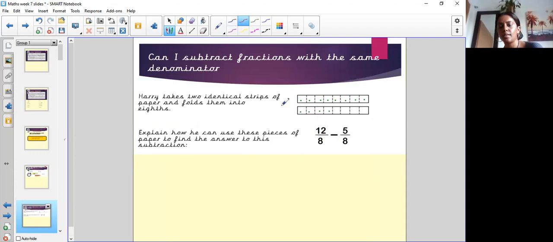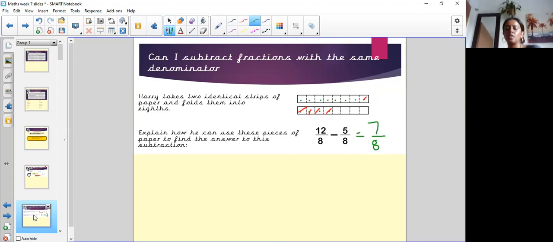So what we could do is use another colour and cross off 5. Now, we're not crossing off any of these because they're not included. We're crossing off from here. 1, 2, 3, 4, 5. Let's see how many we've got left if we count it. 1, 2, 3, 4, 5, 6, 7. So we know that our answer is going to be 7/8.